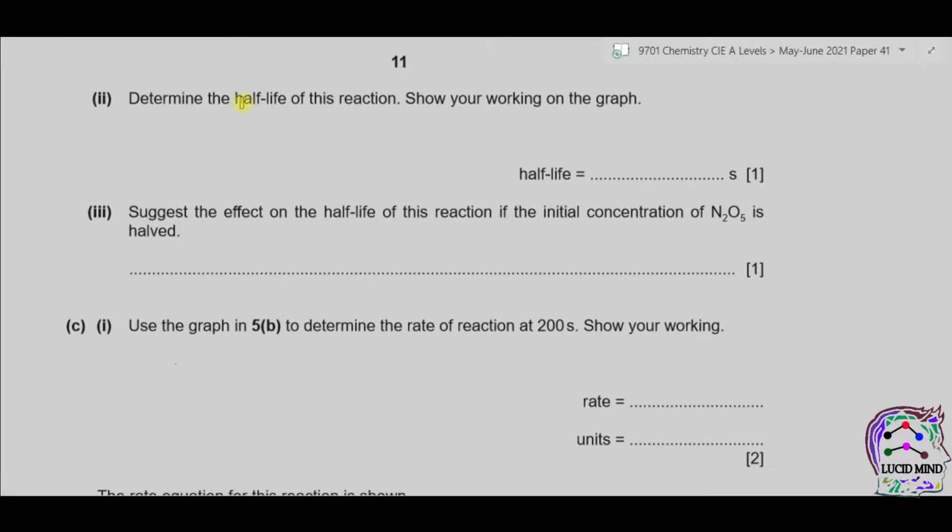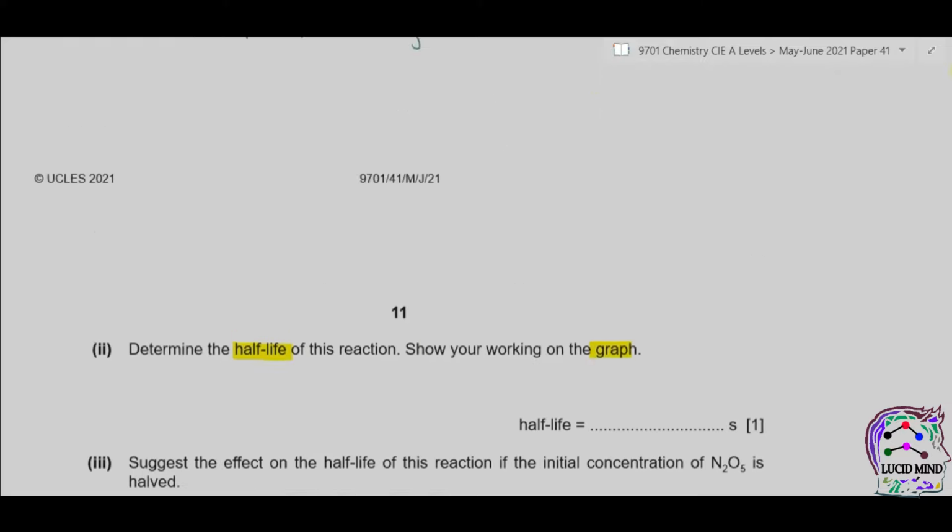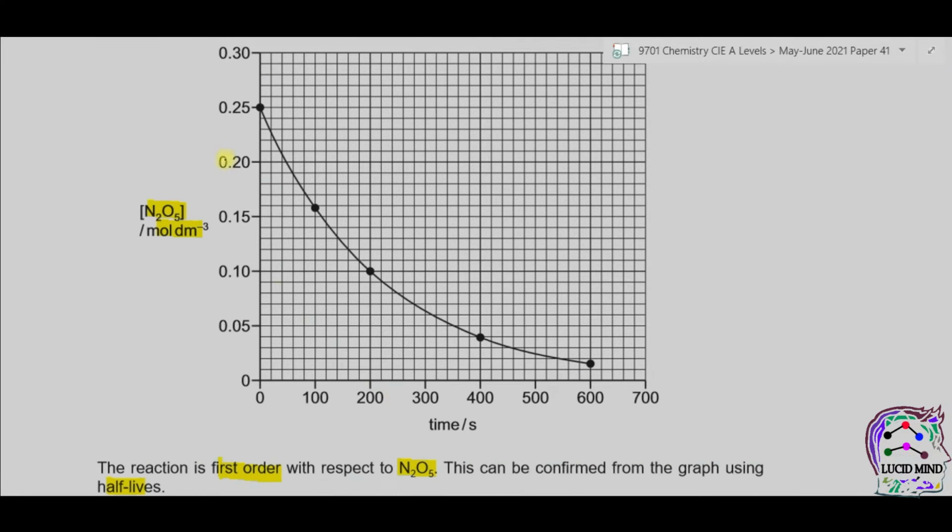Part 2. Determine the half-life of this reaction. Show your working on the graph. Let's move back to the graph. Now we can choose any value from the graph. Let's choose this one, 0.20. Half of 0.20 will be 0.10 and half of 0.10 will be 0.05.